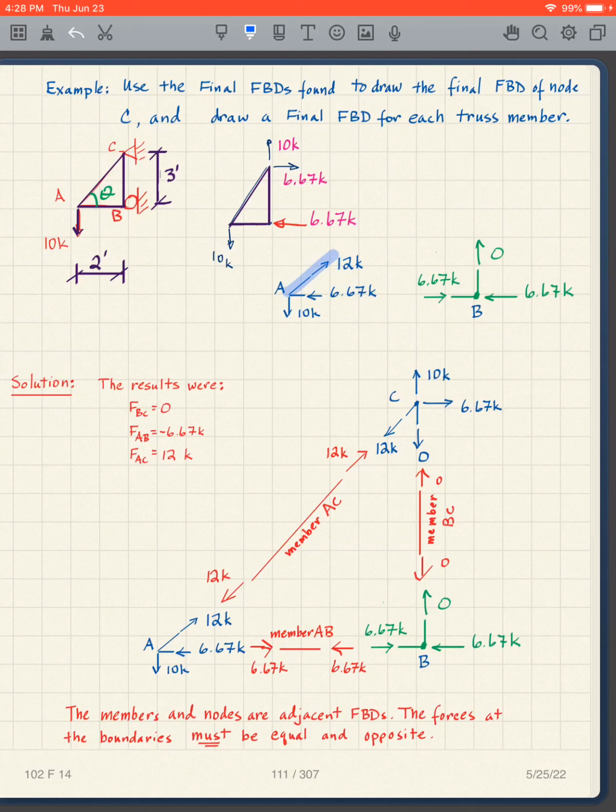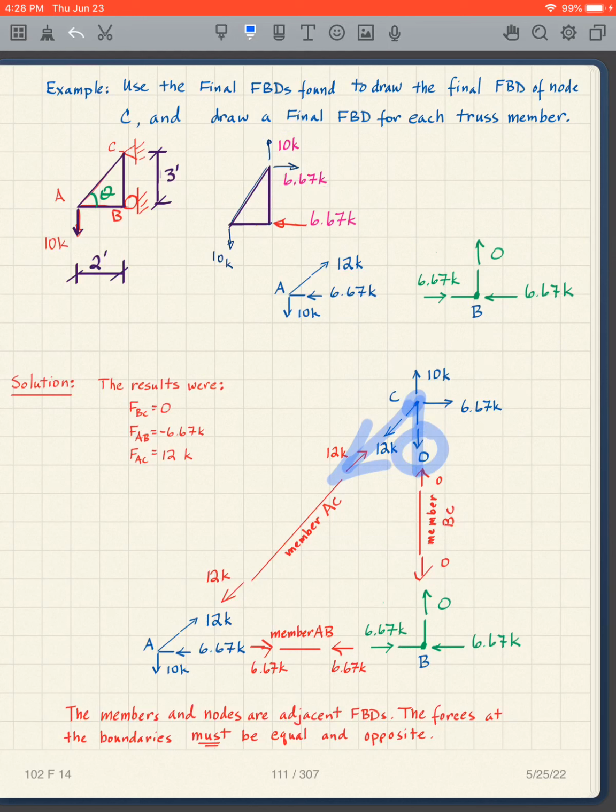Well, if it's tension pulling on the node 12 kips, then at point C, what do I have? There's my free body diagram for point C. It's got to be 12 kips away from the node at point C, and this one's 0. These two came from our reaction calculation.